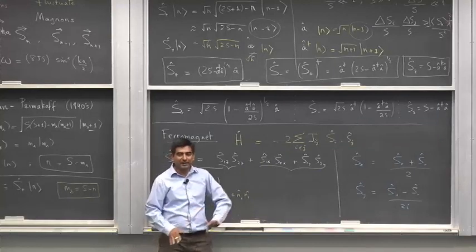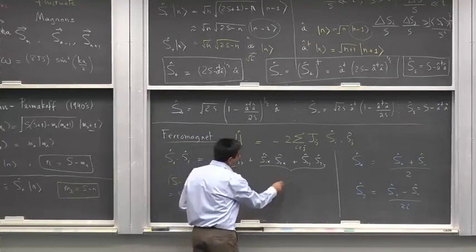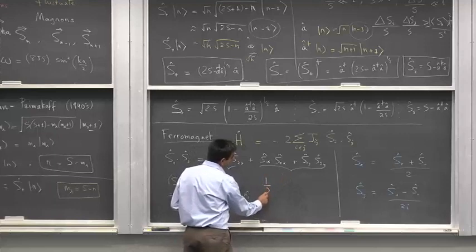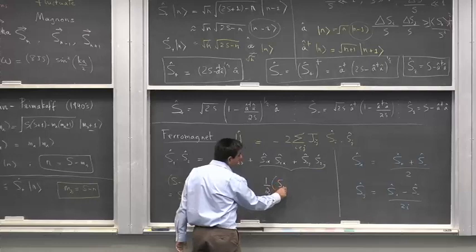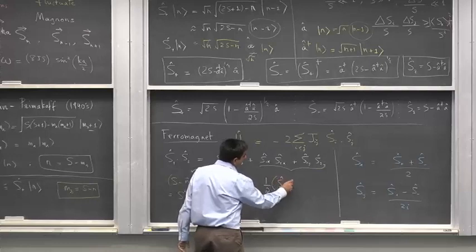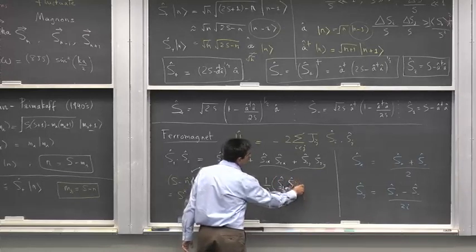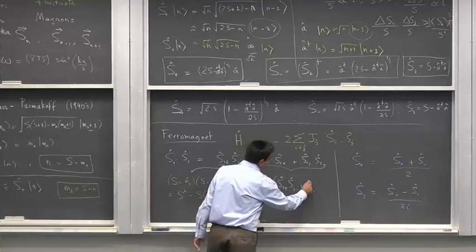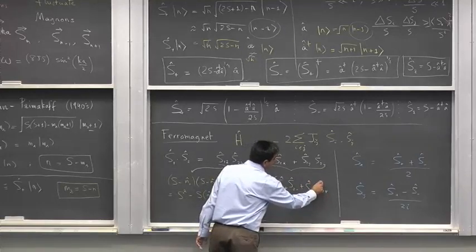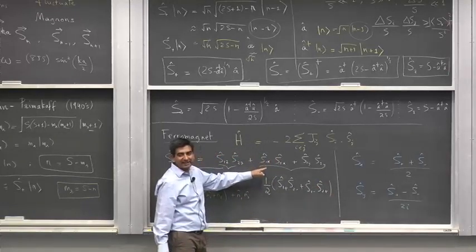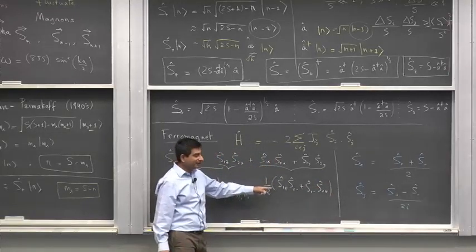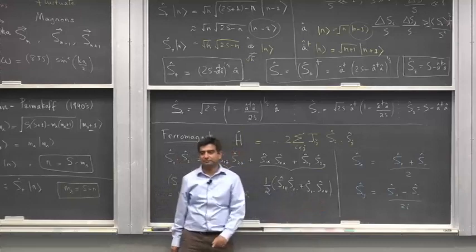When I make this transformation, this term becomes 1/2 of S1 plus S2 minus plus S1 minus S2 plus. When I insert these values of Sx and Sy, I get this result.